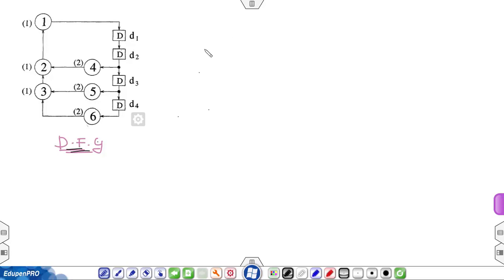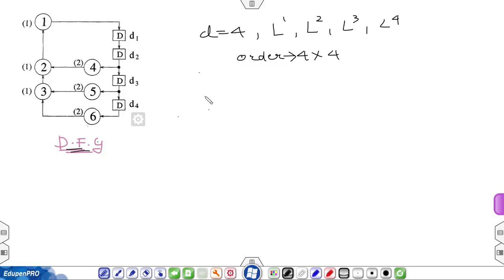So d in this case, small d, is 4. So we have to create matrices L1, L2, L3, and L4, and the order of each of these matrices will be 4 cross 4.